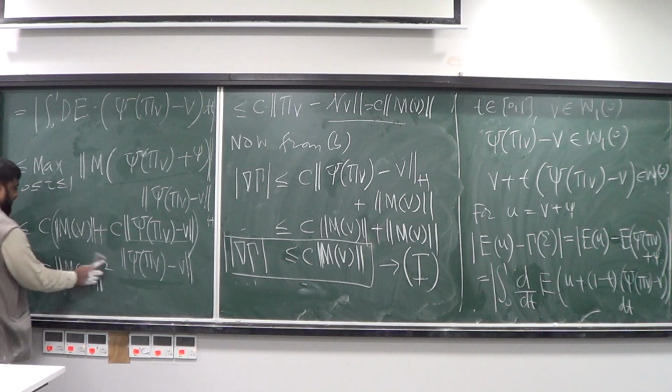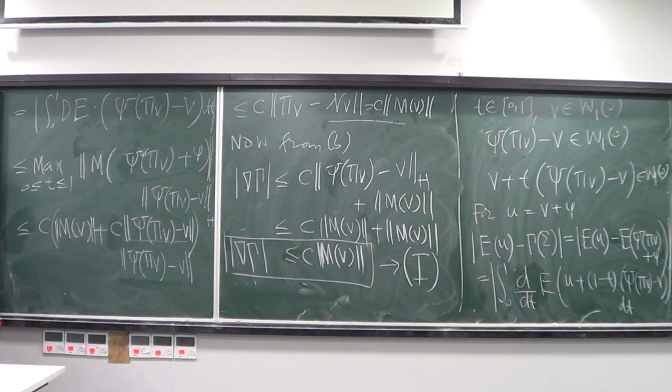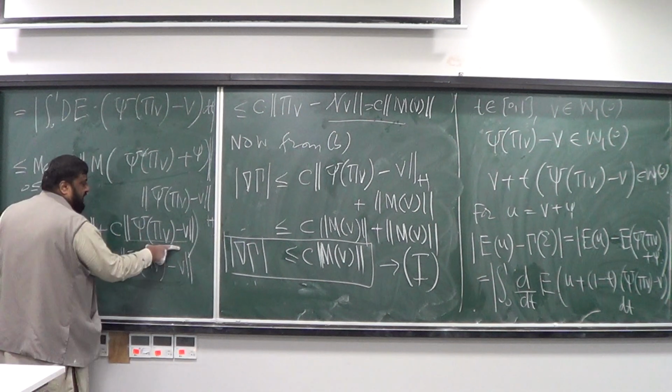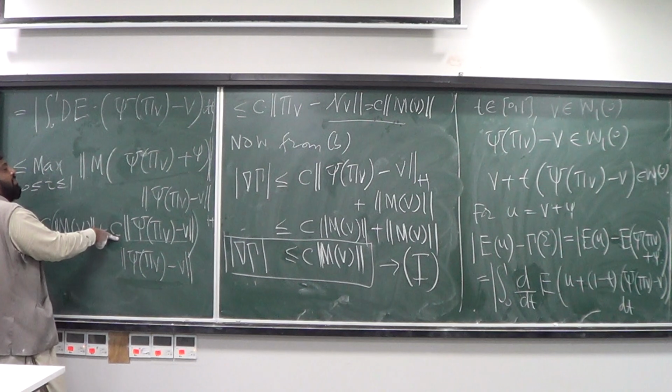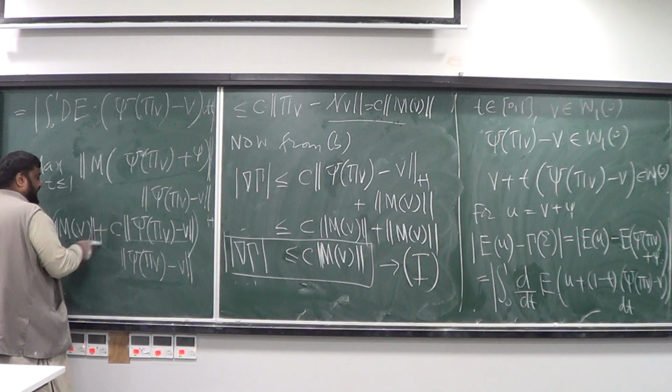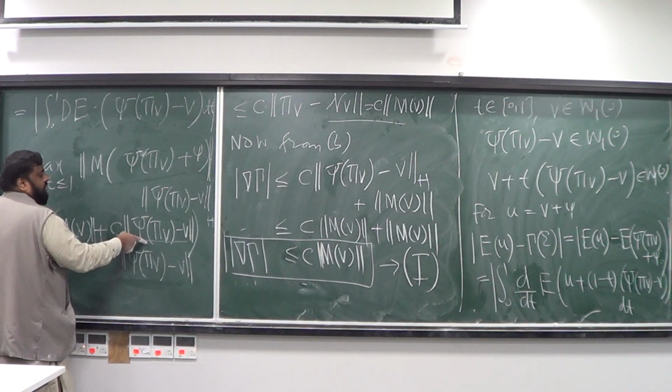Let me mention it explicitly. I can estimate this by c times the norm of M of v. Both constants can be put as a single constant, then you can pull out the norm of M of v from both terms.